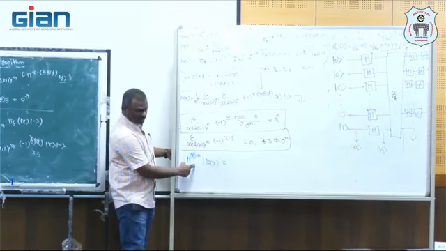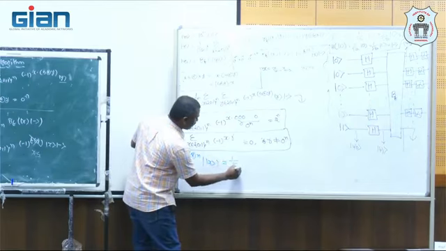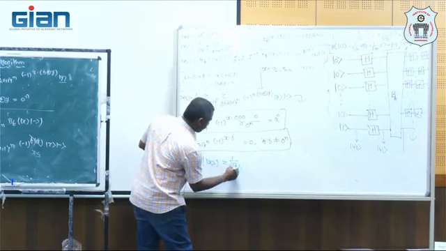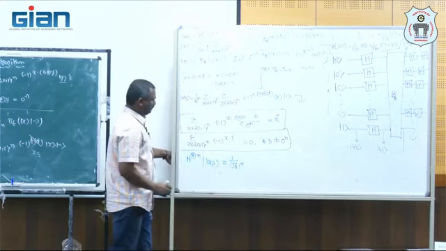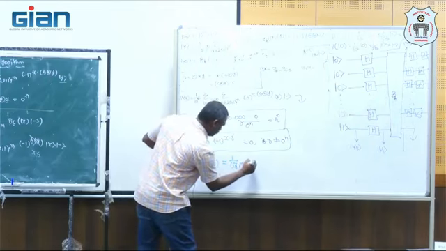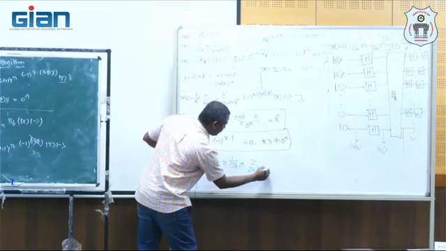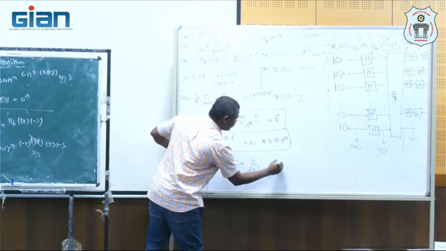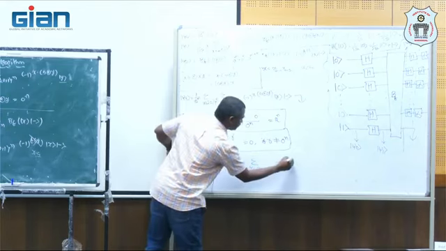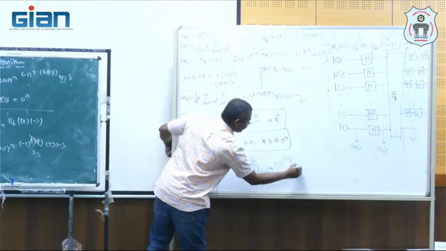We get 1 by root 2 whole power n, sigma y belongs to 0,1 power n, minus 1 whole power x dot y, ket y.